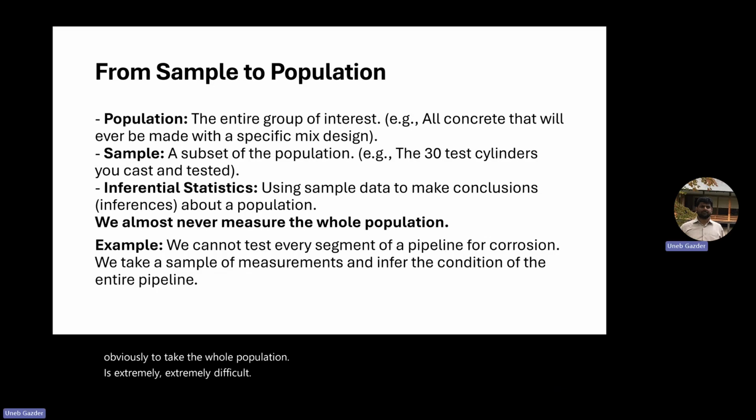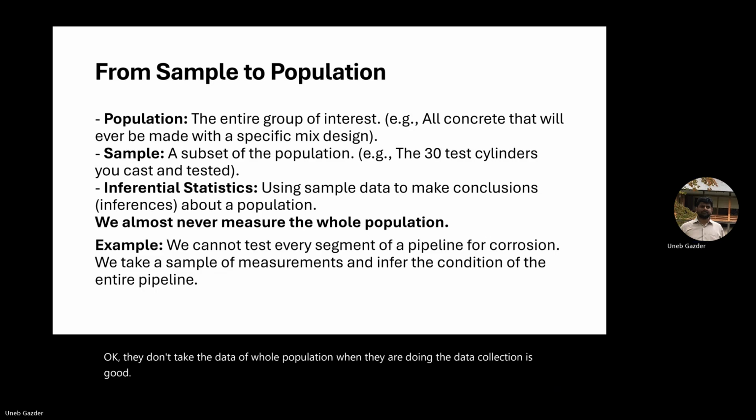Almost impossible. Even governments don't take the data of the whole population when they are doing data collection. But now we have certain things which are collecting data continuously. They are continuously collecting the data.